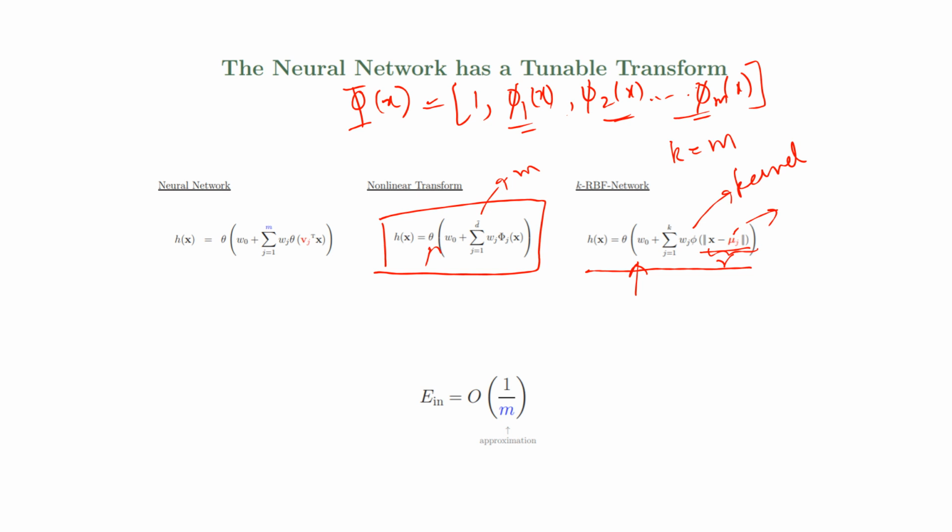Now if you look at all three of them, the neural network, the nonlinear transform for my linear model, and my k radial basis function network, right? What is that striking thing that you see? Well, there is a similarity amongst these three models. They are basically linear models, I would say. All of them are linear models, at least linear in the parameters, except this one here, where the mu j's are non-linear.